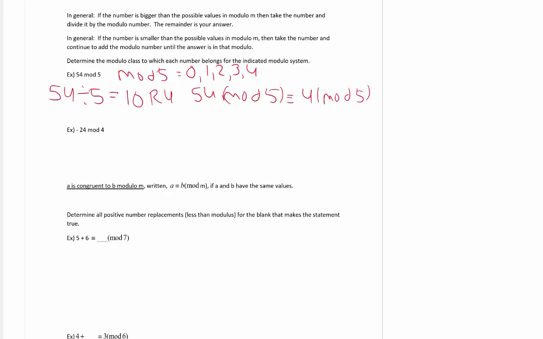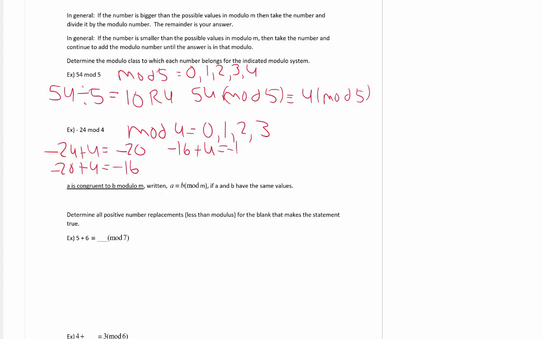Okay, now let's take a look at negative 24 mod 4. In mod 4, my options are either 0, 1, 2, or 3. So clearly negative 24 is not in mod 4. So what am I going to do? I'm going to continue to add the mod, which is 4. Negative 24 plus 4 is negative 20, still too small. Negative 20 plus 4, negative 16, doesn't work.